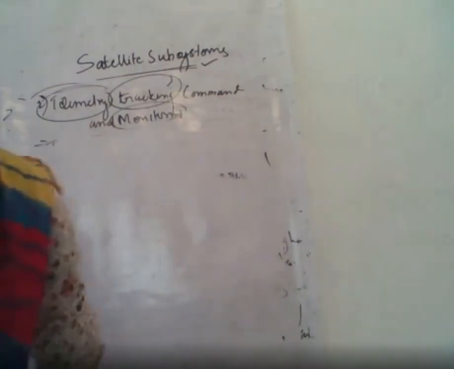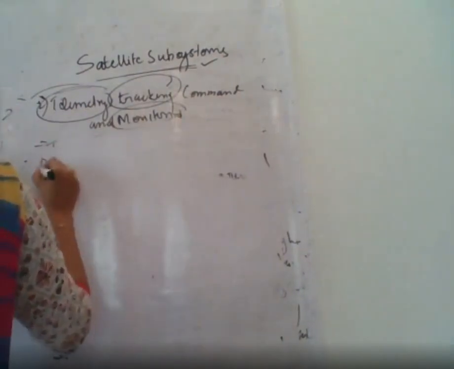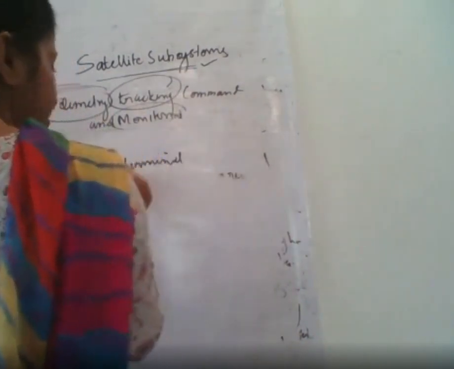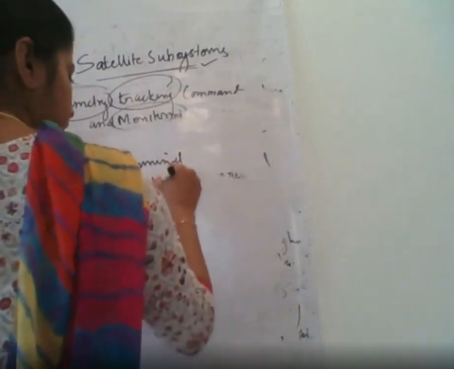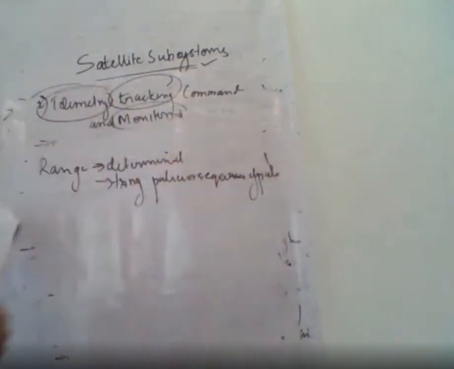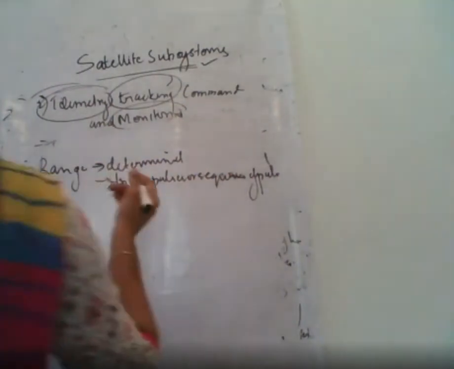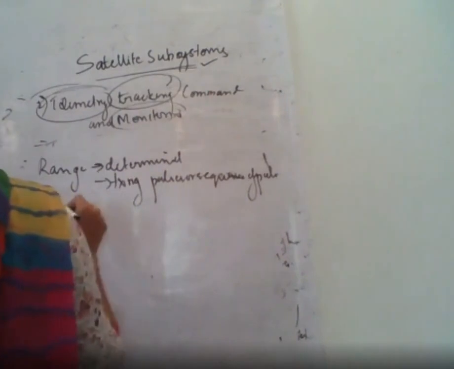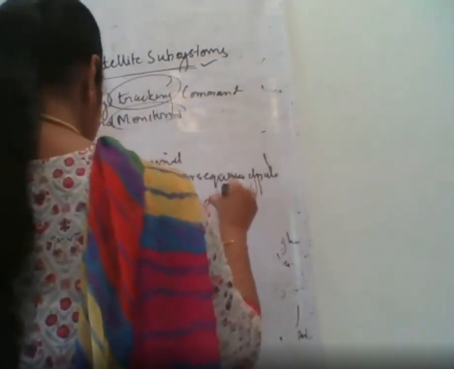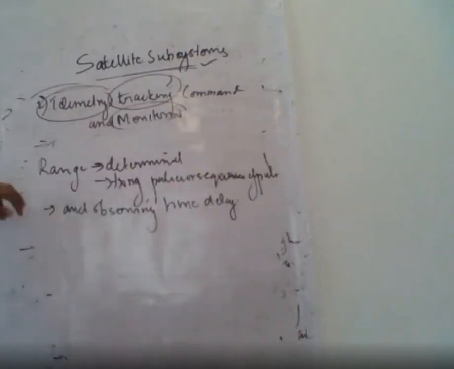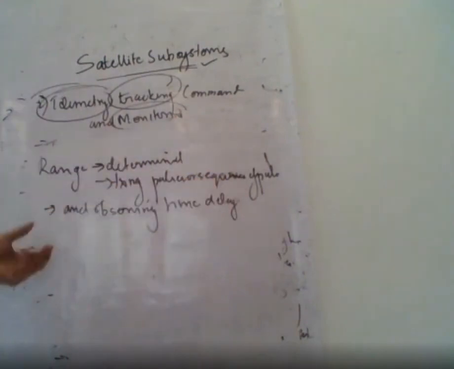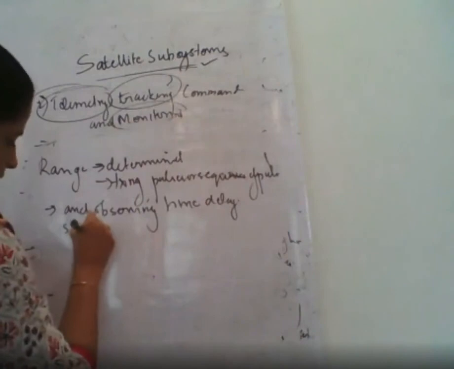Here, active determination of range can be done. As we have already discussed, the range can be determined by transmitting pulses or a sequence of pulses and observing the time delay or propagation delay between the satellite and the Earth station.